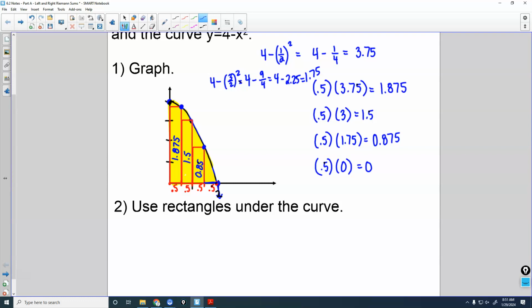Okay. All right, so if I add all of those together, 1.875 plus 1.5 plus 0.875 plus the 0, if you want to put it on there, is going to be 4.25 units squared for this.